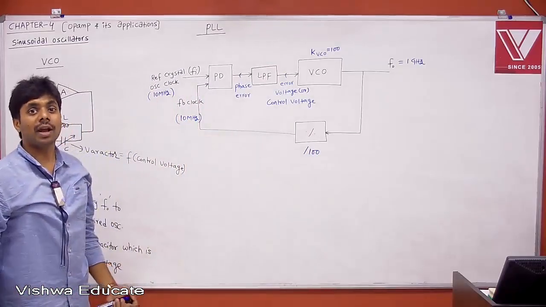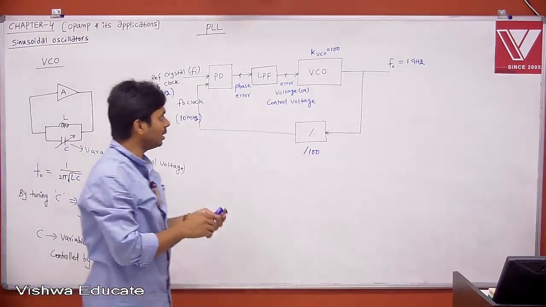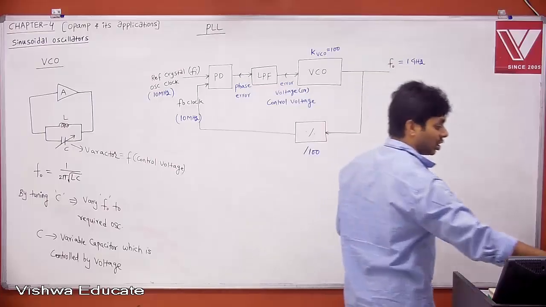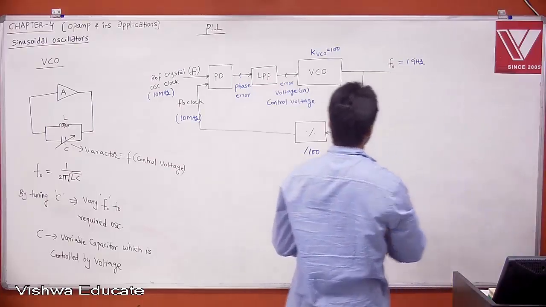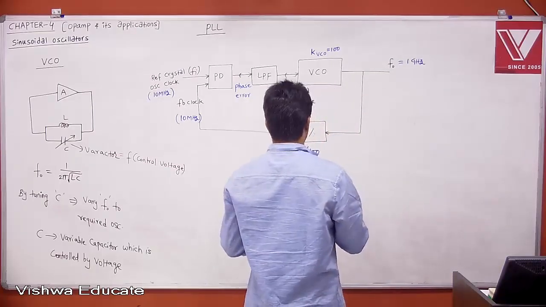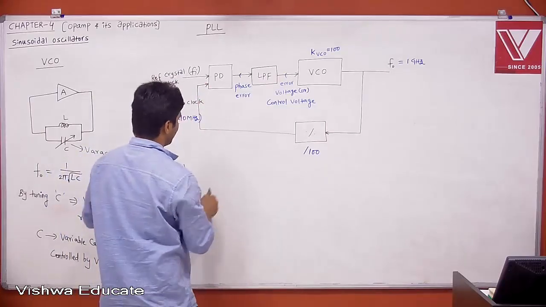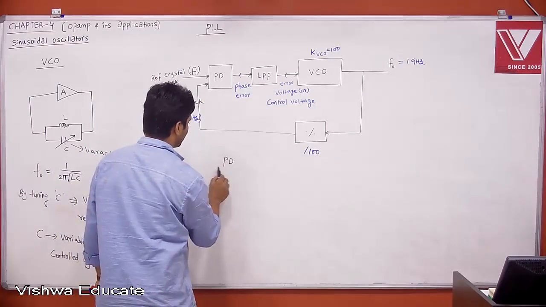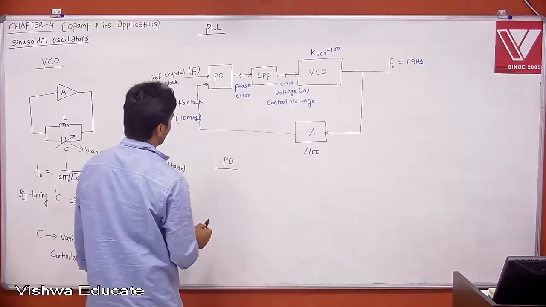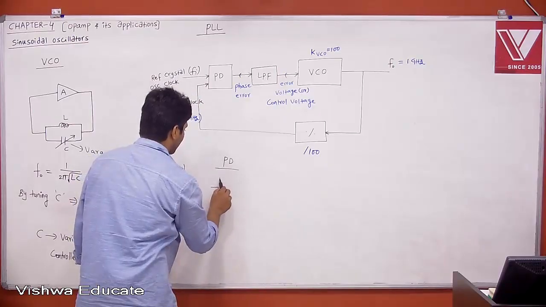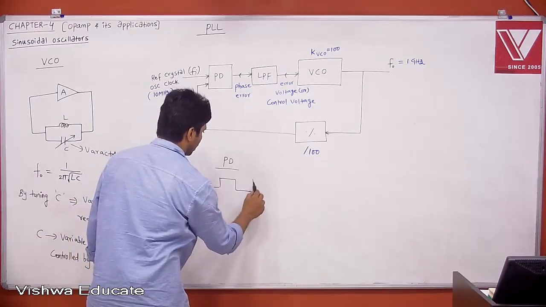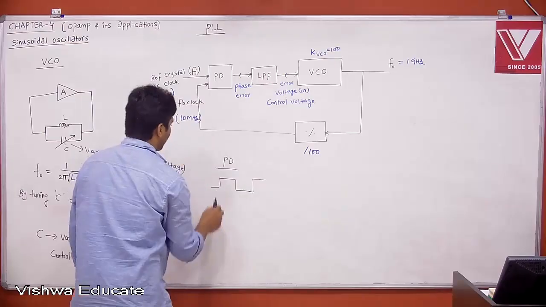But due to any reason, if F0 is changing, what I mean is, let us say, what is a phase detector? Whatever reference clock you have, let us say this is your reference clock. Now the feedback clock, right?